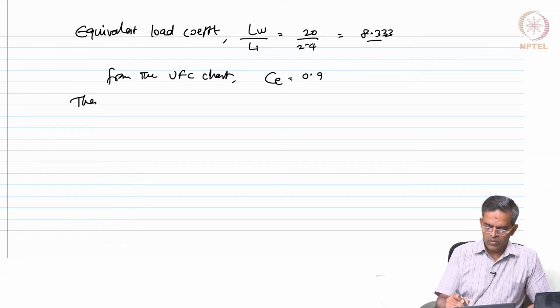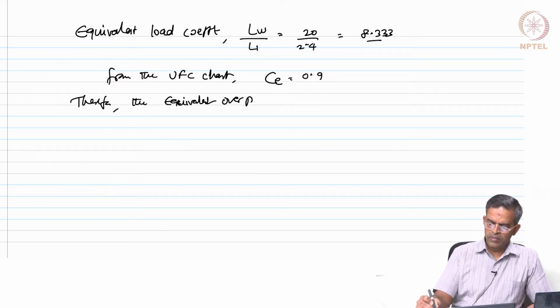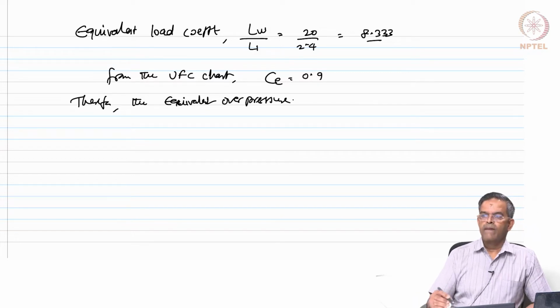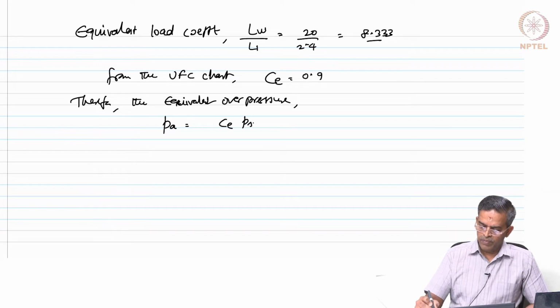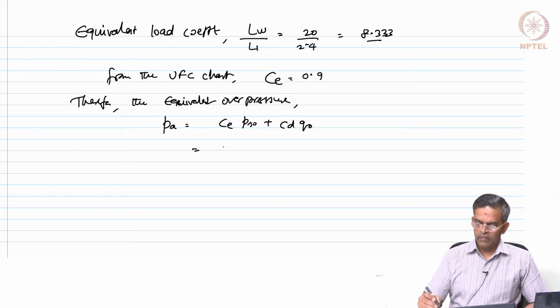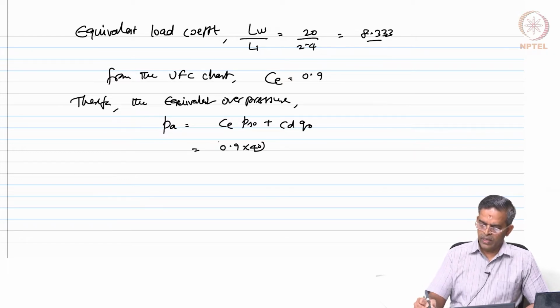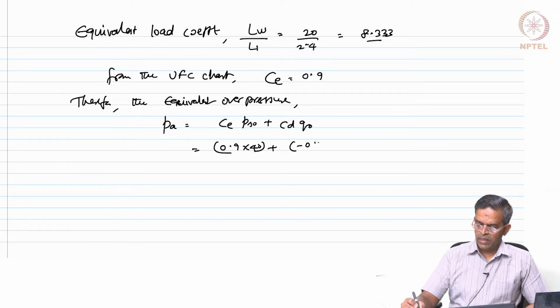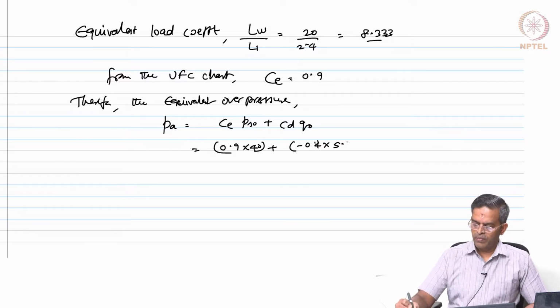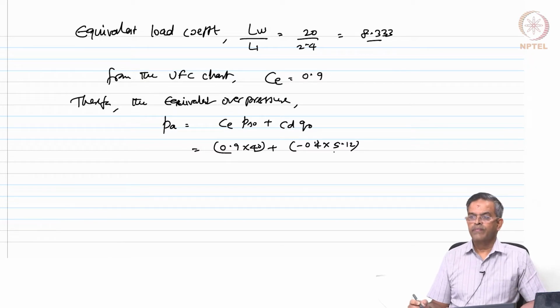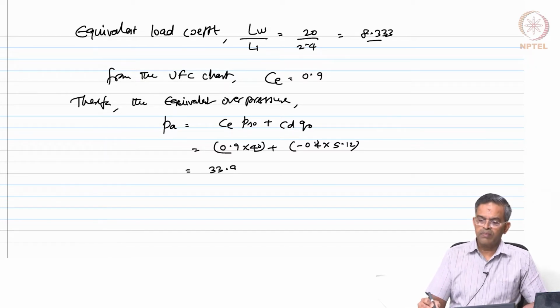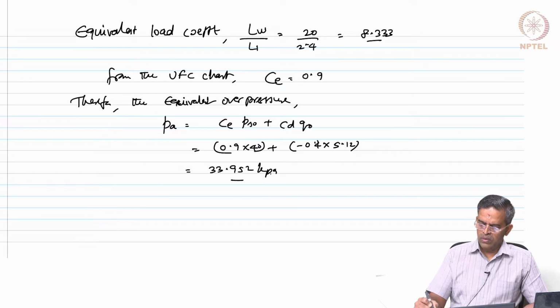So, therefore, the equivalent overpressure is given by PA is CE of PSO plus CD of QO, which is 0.9 of 40 plus minus 0.4 of 5.12, that is what we had as Q0, which comes to be 33.952 kilopascal.